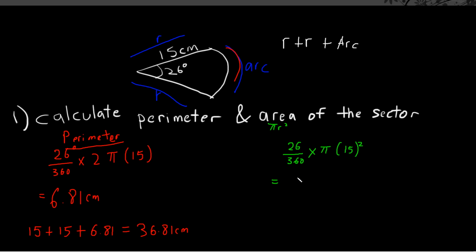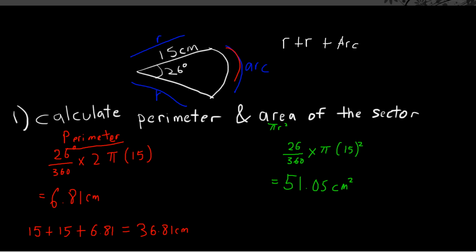When you type it into your calculator, 26 over 360 times pi times 15 squared, you should have gotten a value of 51.05 square centimeters. This is how you calculate the perimeter, and this is how you calculate the area.